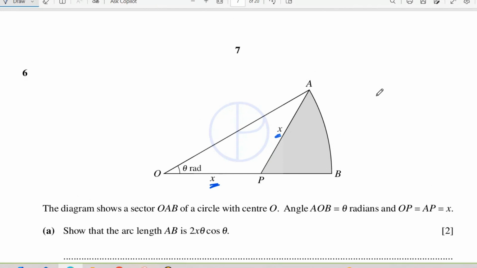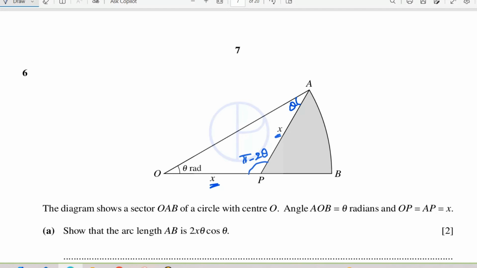And this triangle OPA is an isosceles triangle. So the two sides are equal, so these two angles will be the same. So this is also equal to theta. And this will be then pi minus 2 theta. So now we know the angle is pi minus 2 theta and we need to find OA.